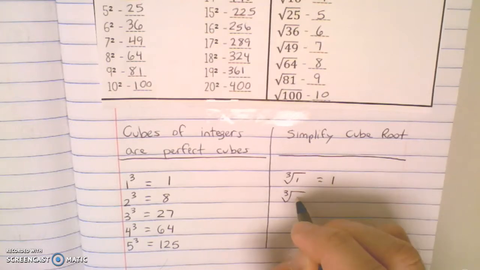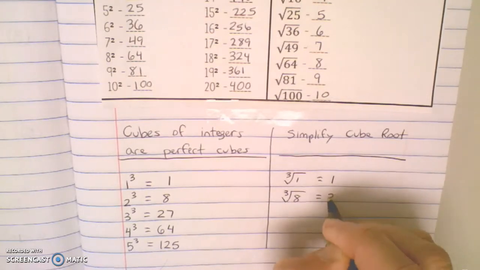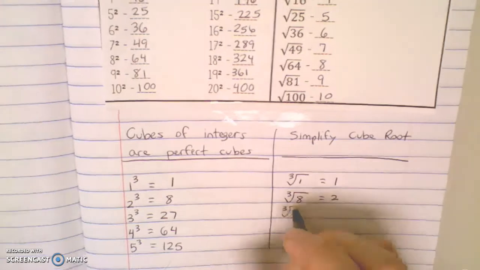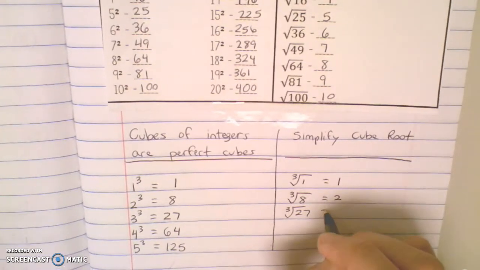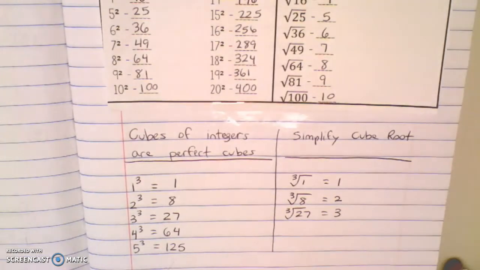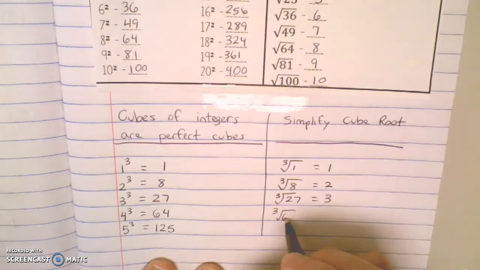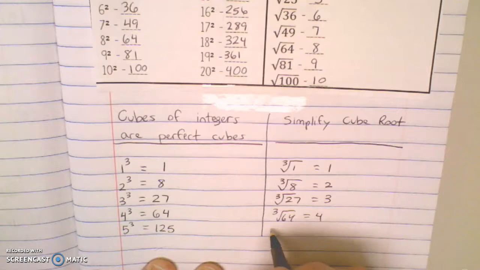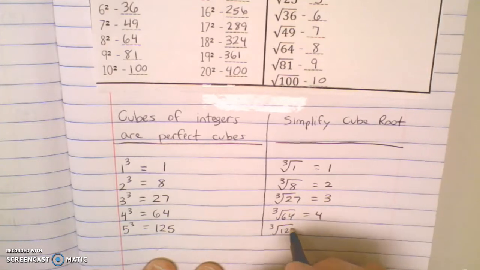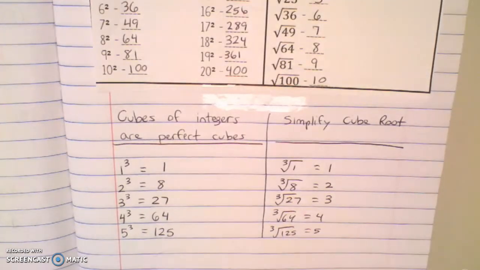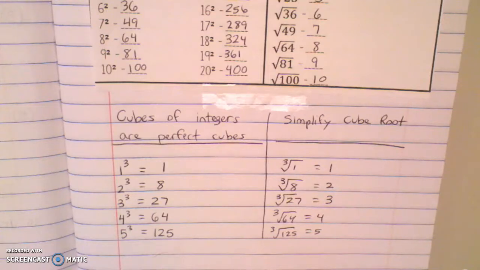The cube root of 8 is 2. The cube root of 27 is 3. The cube root of 64 is 4. And the cube root of 125 is 5. All right, so we have the cube root of 125 is 5.